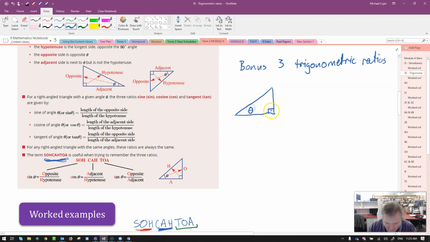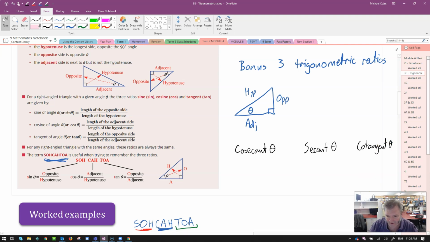So here I've got my angle. This would be the hypotenuse, the opposite, and the adjacent side. So we have 3 other ratios. Let's put them in a different color here. I've got cosecant of theta, secant of theta, and cotangent of theta.